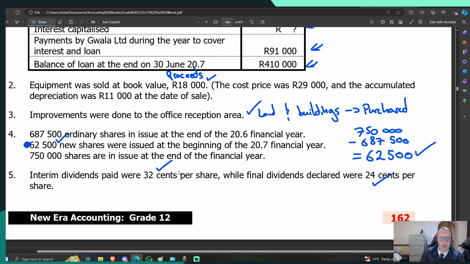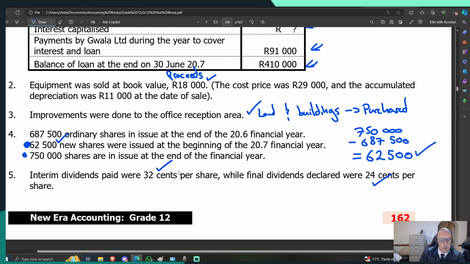Well, remember that dividends are paid in the middle of the year and declared at the end of the year. These shares of 62,500 were issued at the beginning of the year. So both the interim and final dividend will include these shares. Therefore, we use the full 750,000 shares.